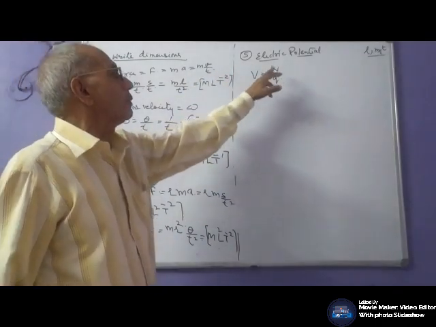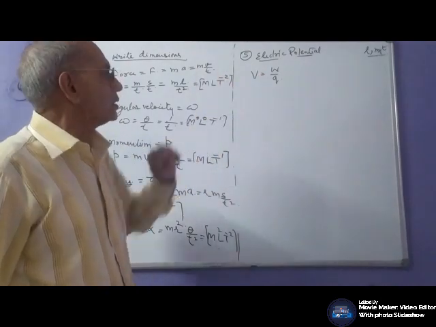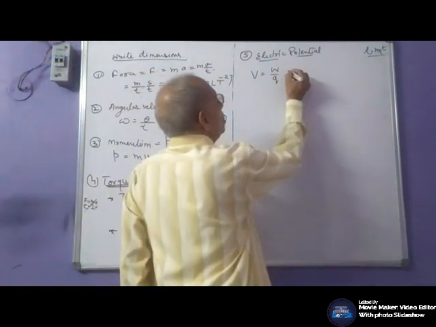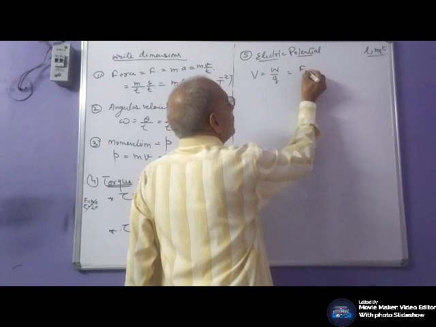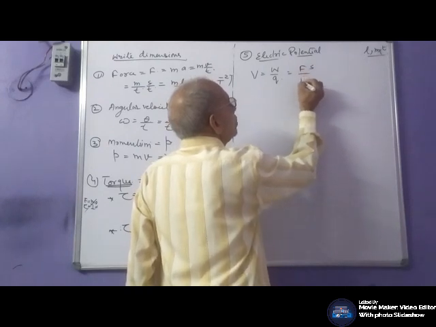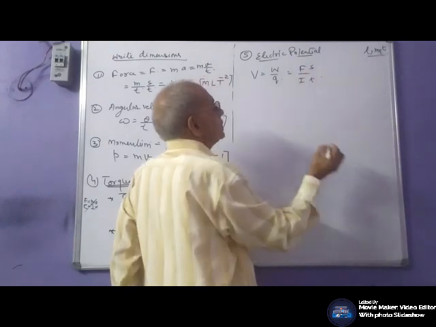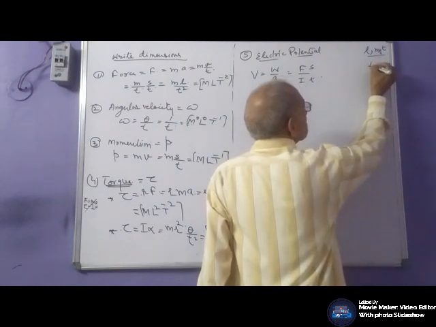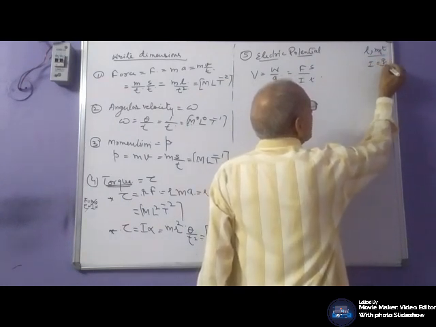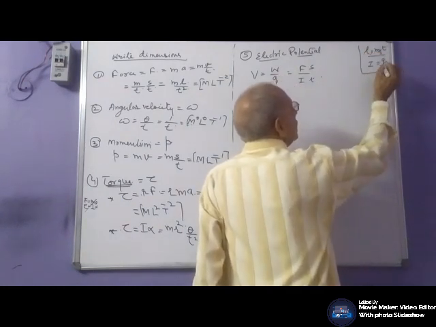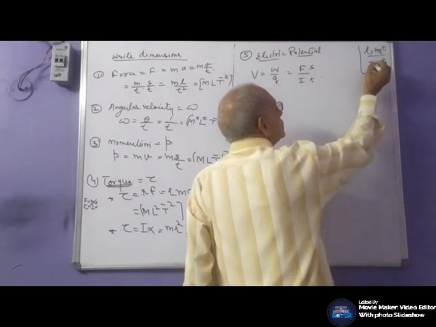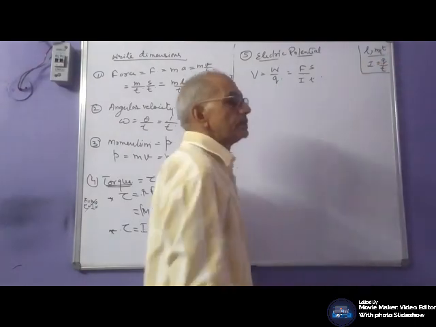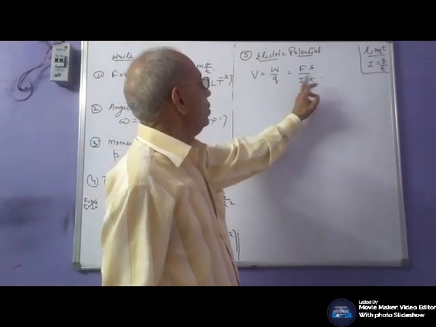V, W by Q, work done per unit charge. W is Fs, Q is IT. We read that rate of flow of charge is current. So Q is IT.